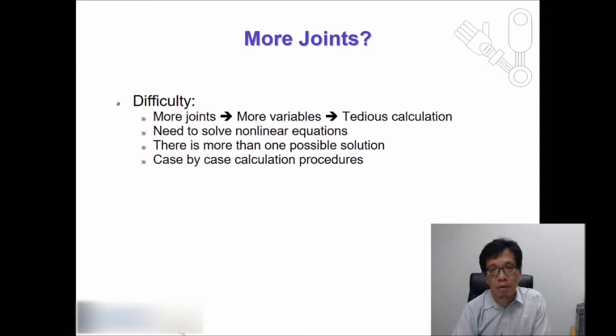When you have more joints, you might still be able to come up with a set of solutions. However, that one is not the only solution for the configuration you are trying to achieve. Also, since we have cosine and sine involved in our system, sometimes we might have a tangent term to solve for the coefficients. It means that we need to deal with a lot of nonlinear functions.